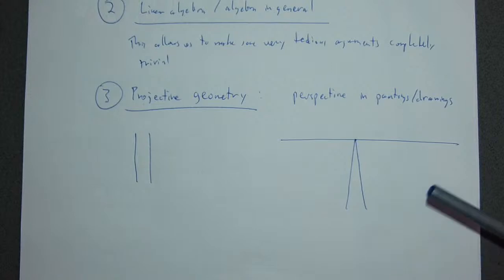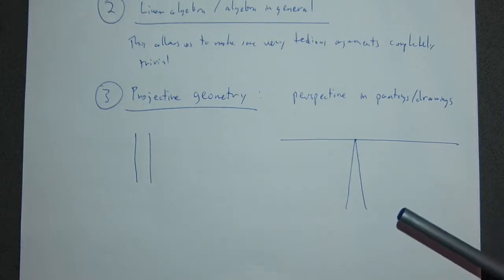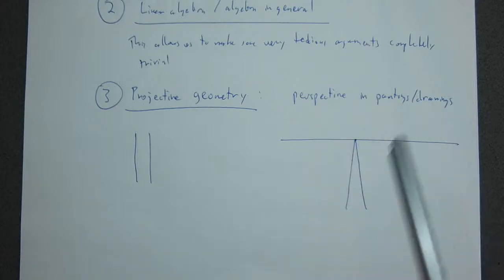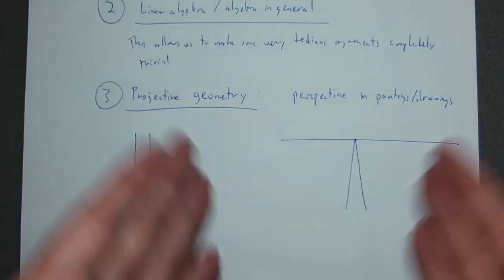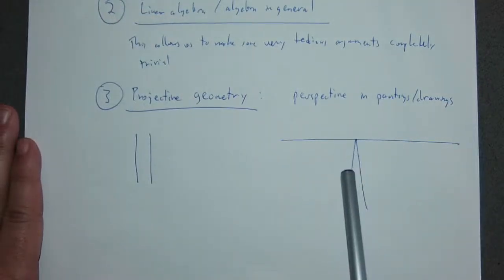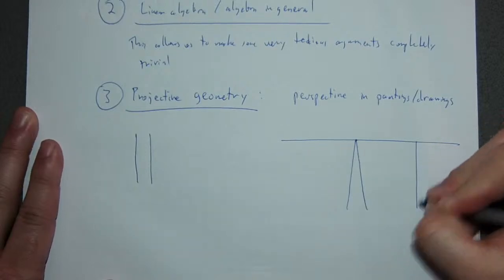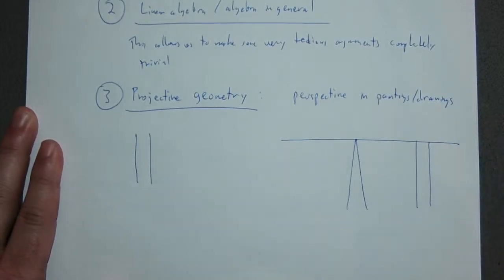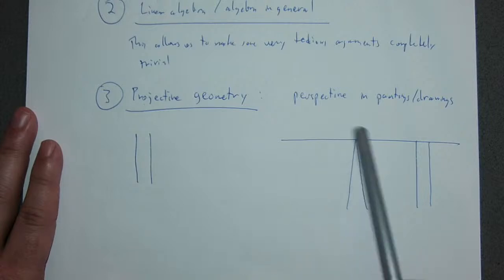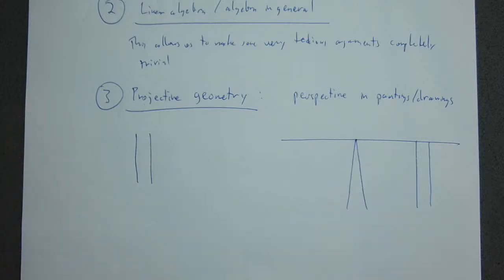Now, this might not make a whole lot of sense at first, because I want to display two lines or edges being parallel, but instead of making them actually parallel, I have them meeting at this point. They are emanating from this same point.